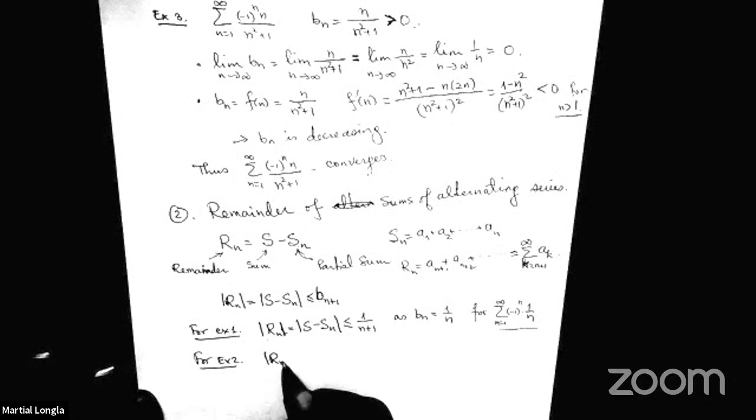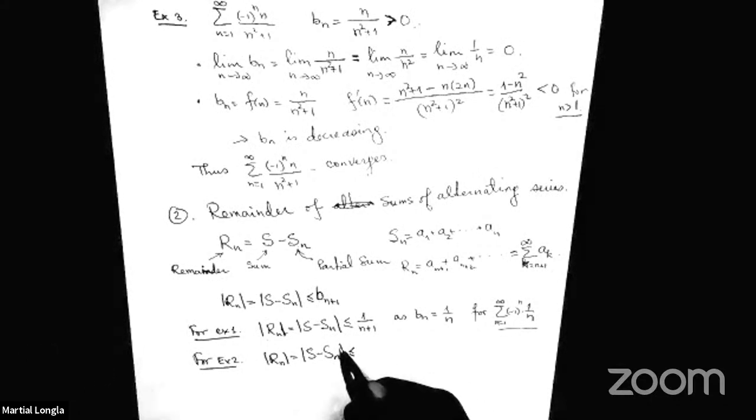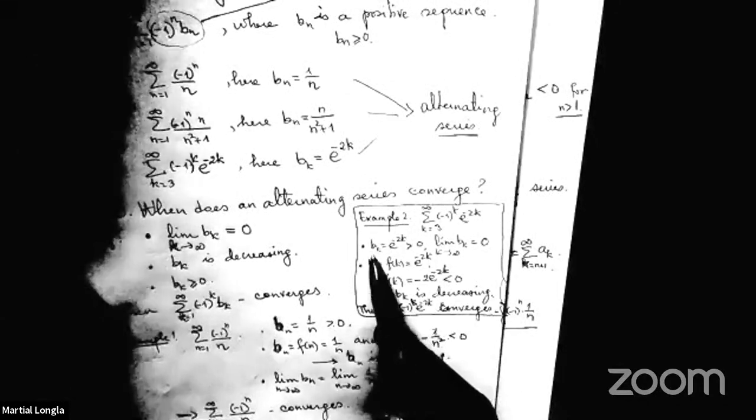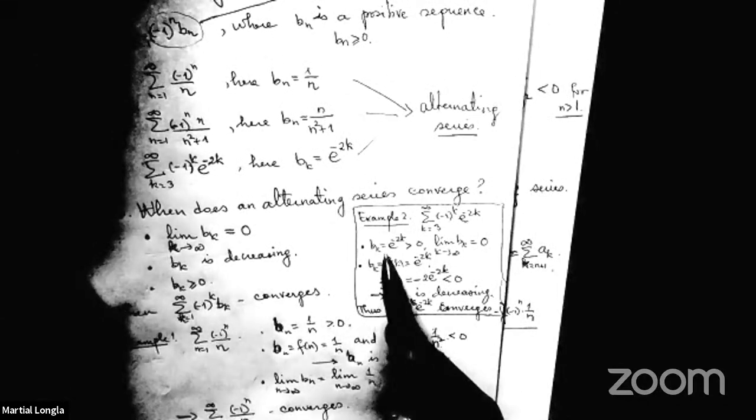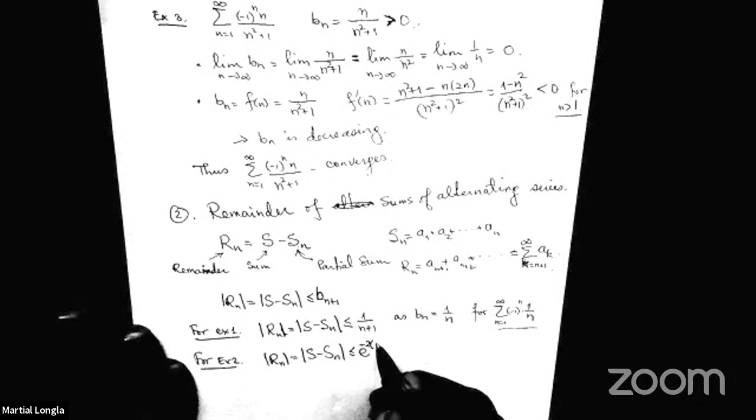Example 2, the absolute value of Rn, which is the absolute value of S minus Sn, is less than or equal to Bn plus 1. In the second example that we had, Bn is e to the minus 2n. So here it's going to be e to minus 2 times the term n plus 1.